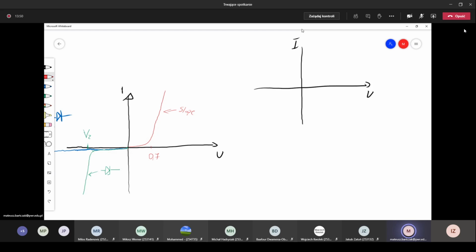So the ideal characteristic will look like that. We will have a straight line here, and here we have the Zener voltage, and here we will have, of course, a straight line.